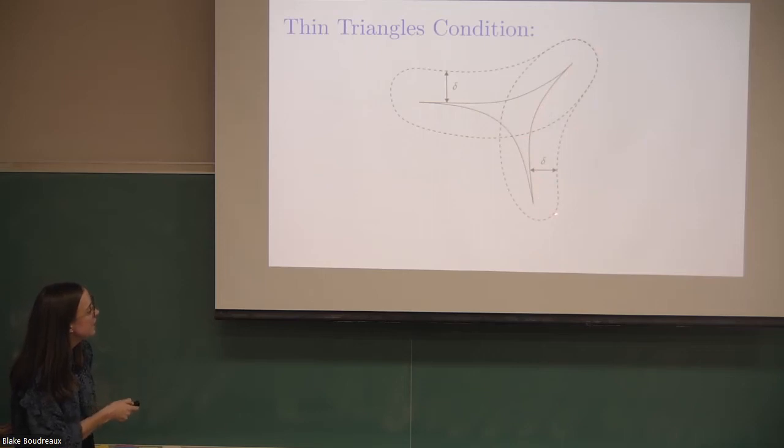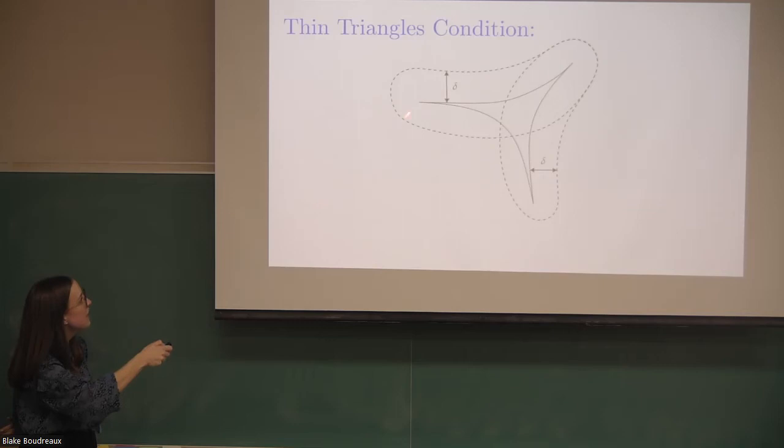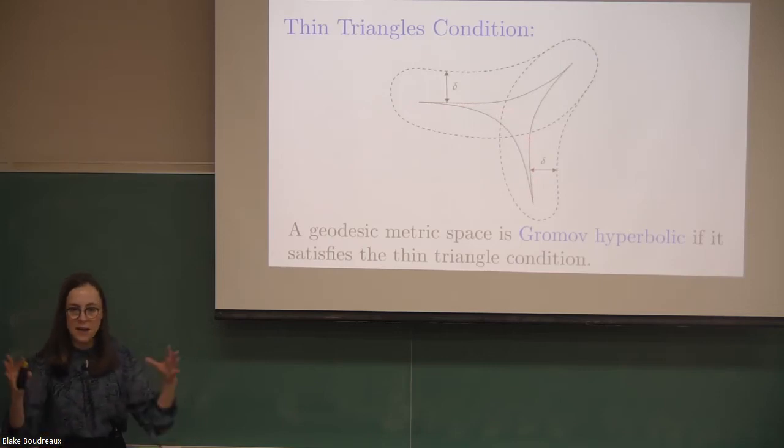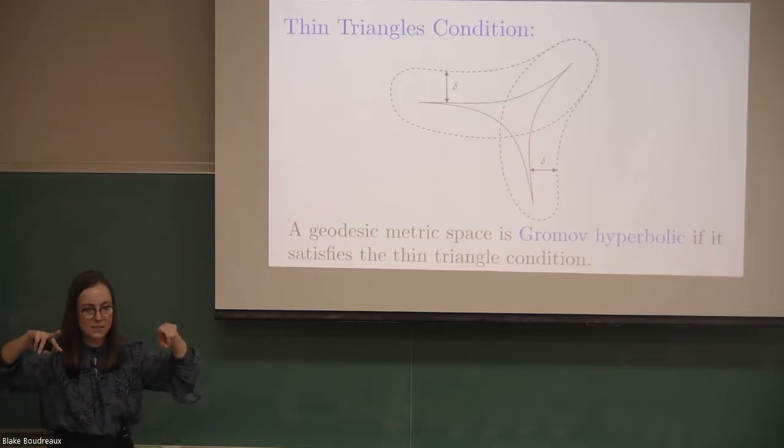We say that a triangle is delta thin if you draw delta neighborhoods around two of the edges, then the third edge is still contained inside of these two delta neighborhoods. We say that a geodesic metric space is Gromov hyperbolic if it satisfies the thin triangles condition. So what that means is if I have a metric space and I pick three points, and I look at a geodesic triangle, that triangle must be delta thin.